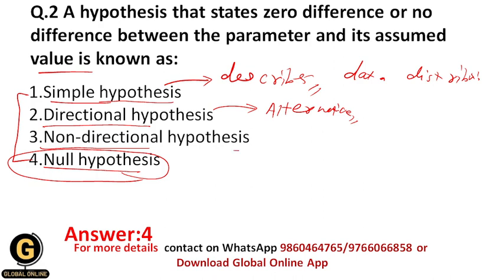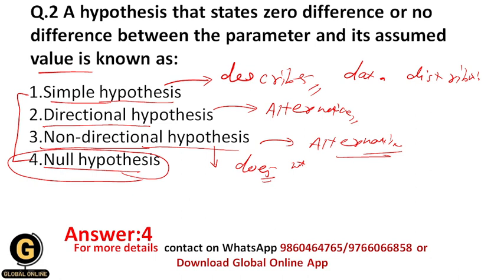And non-directional hypothesis is again a type of alternative hypothesis, but here it only gives the prediction about the relationship between the variables. It does not predict about the direction of the results. Okay, so whether it is a one-tailed test or two-tailed test, whether it is right-tailed or left-tailed, this is actually the non-directional hypothesis.